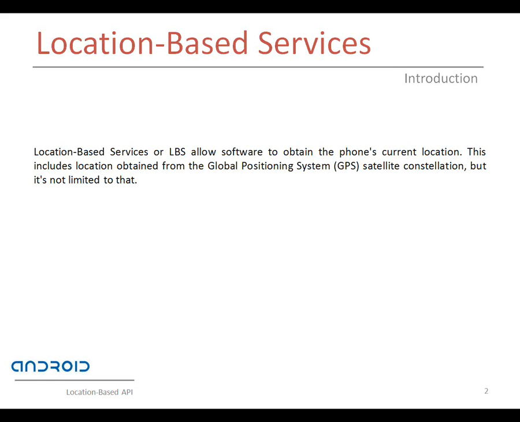As an example, consider a wireless 911 emergency service that determines the caller's location automatically. Such a service would be extremely useful, especially to users who are far from home and don't know the local landmarks.